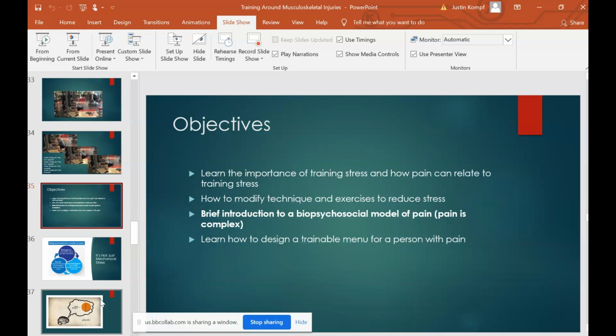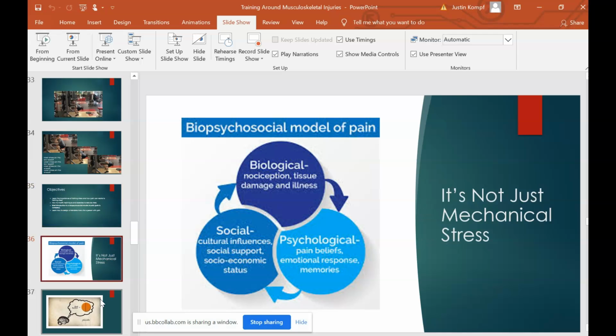Okay, so now we're going to do a brief introduction to the biopsychosocial model of pain. Basically, you're going to understand that pain is complex. So we've already kind of established that tissue damage, or the stress that you put on your joints, can be a cause of pain. But we've also identified that pain can be experienced differently, even if the stimulus is exactly the same.